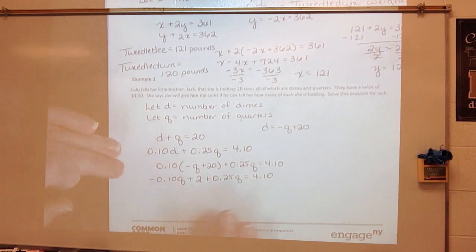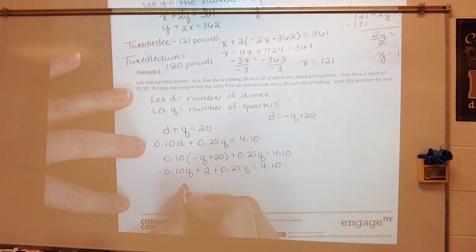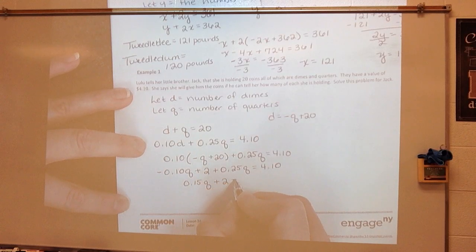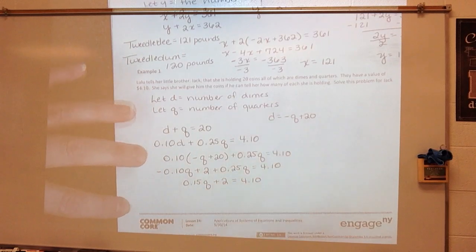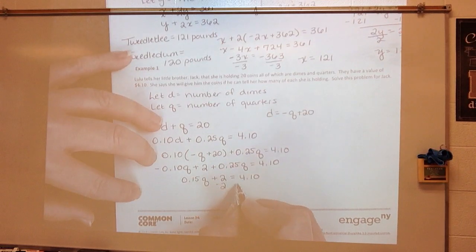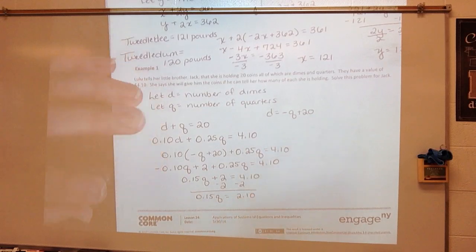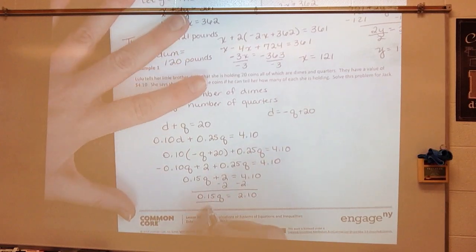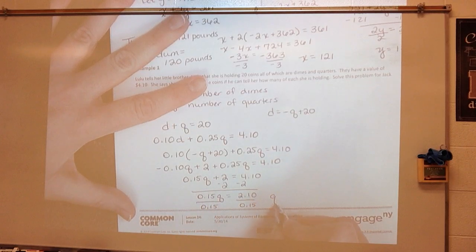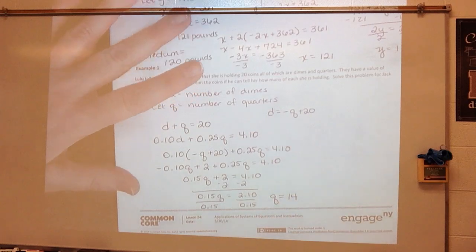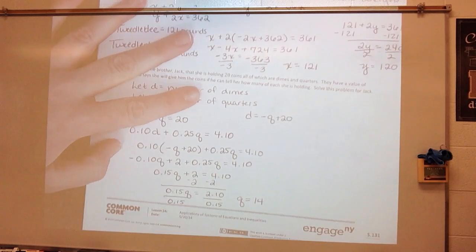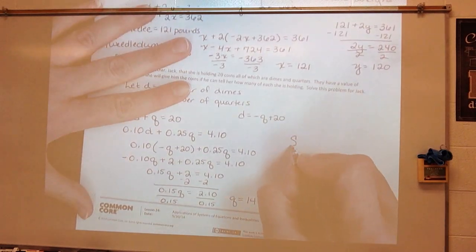Alright, combine my Q's together, and that gives me 0.15Q plus 2 is equal to 4 10/100. Subtract my 2. 0.15Q is equal to 2 and 10/100. Divide by 0.15. And I get Q is equal to 14. Alright, so she has 14 quarters.